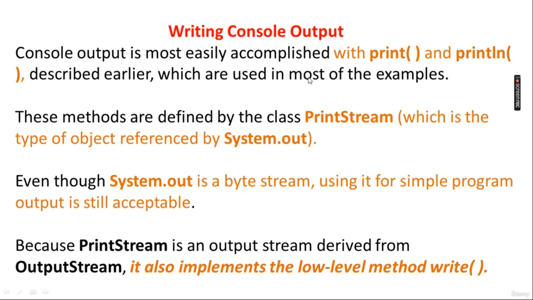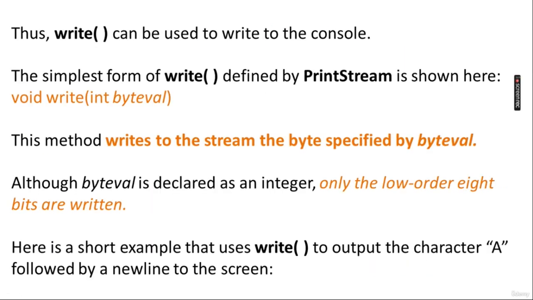Because PrintStream is an output stream derived from the OutputStream class, it also implements the low-level method write. So what is the base class of PrintStream? OutputStream, and it also implements the method write. Write can be used to write to the console. The simplest form of write is void write(int byteval).